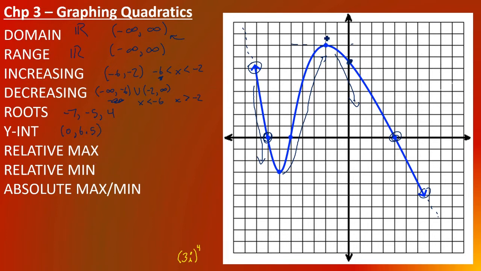Relative max, that would be right here. So I have a relative max at the point negative 2, let's see, 2, 4, 6, 8. Relative min, looks like I have negative 6, negative 3. This is a relative min. And there are no absolutes because of the arrows on the ends of the graph.